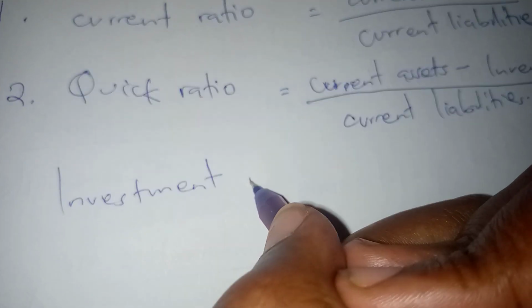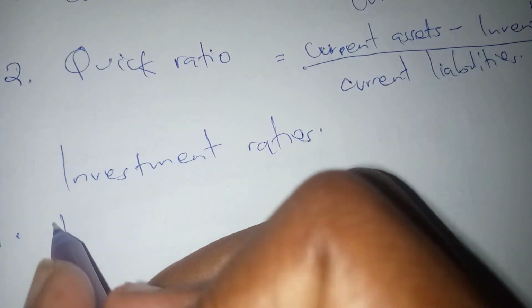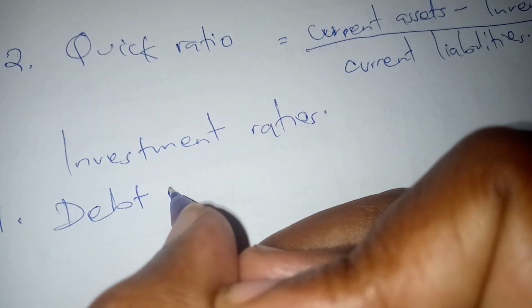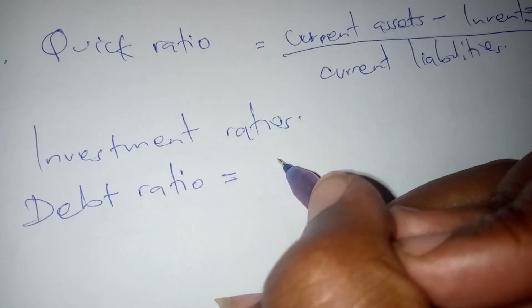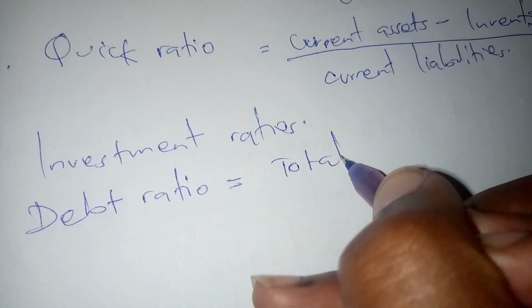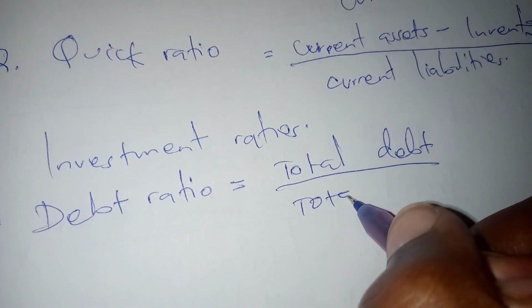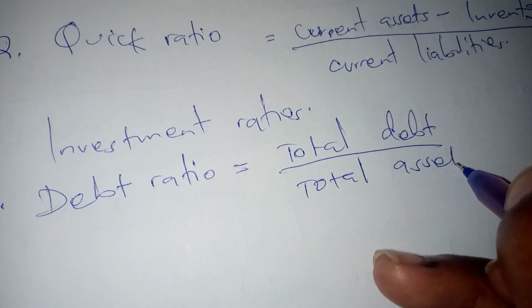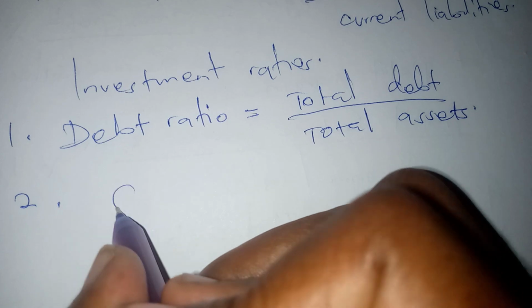Then we go to the investment ratios. First we have debt ratio, which is total debt out of total assets. Then secondly, we have the gearing ratio.